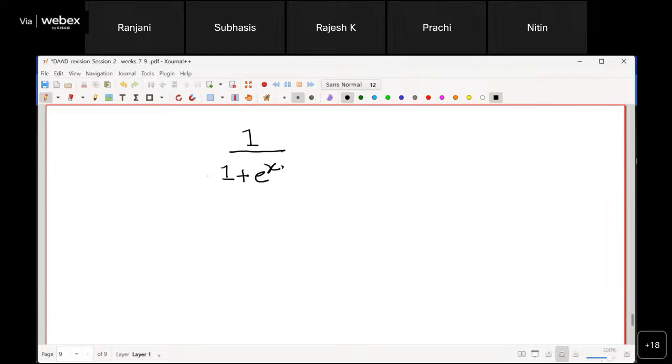So one thing, if x will go towards infinity, minus infinity, where will this function go? If x goes to minus infinity, e power x goes to 0.